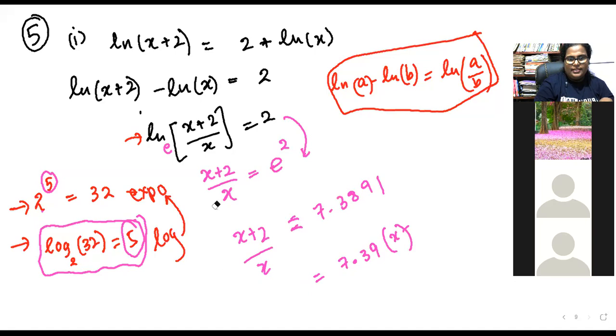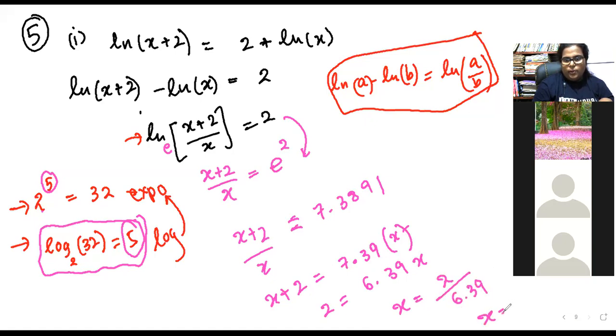Here our left hand side is x plus 2, right? x plus 2 equals 7.39x. So we can take this x into the right hand side, like 2 equals 6.39x, because we have to subtract 1 from this 7.39, and we can find the value for x by dividing 2 by 6.39.